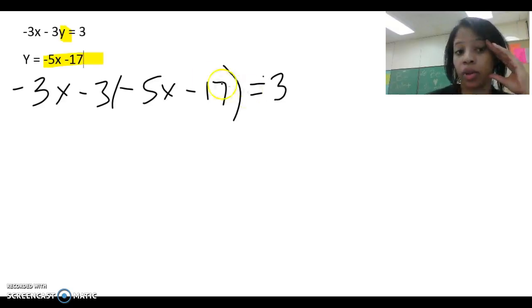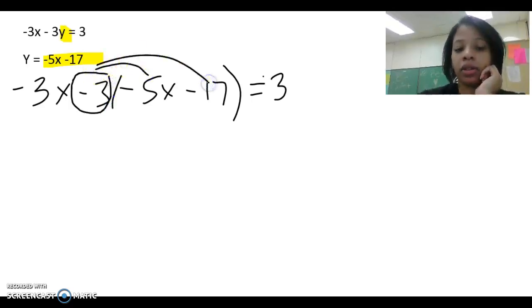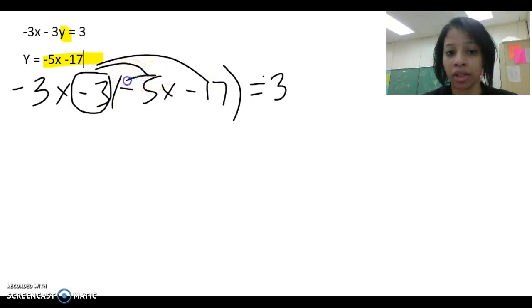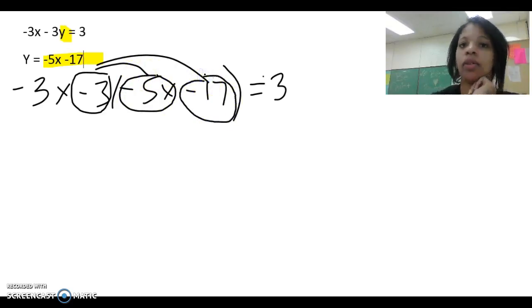So what do I need to do first? I need to distribute this negative 3 to everything inside of my parentheses. So remember that this is a negative 5x and this is a negative 17. Okay? Take the sign that's in front of the number with it when you guys are multiplying.